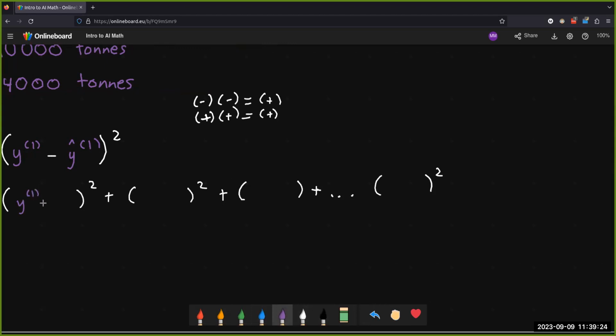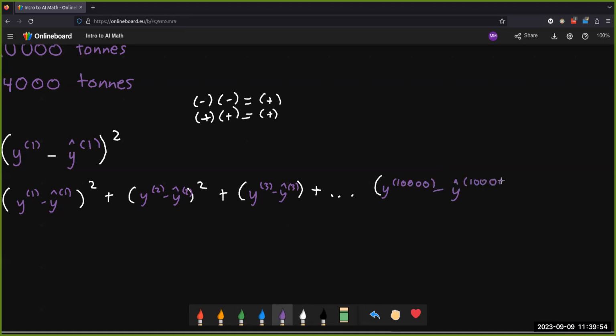So we're doing it for the first example. We're doing it for the second power plant, the second example, third power plant, third example, all the way up to the 10,000th power plant and the 10,000th example.